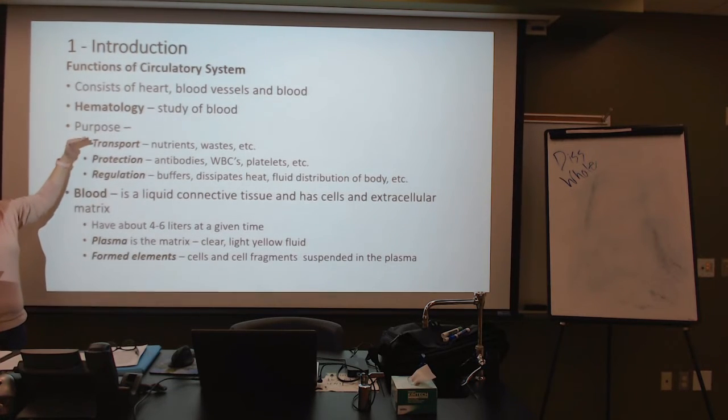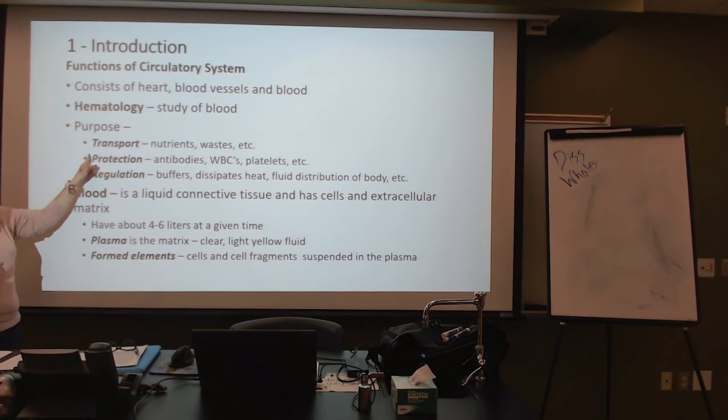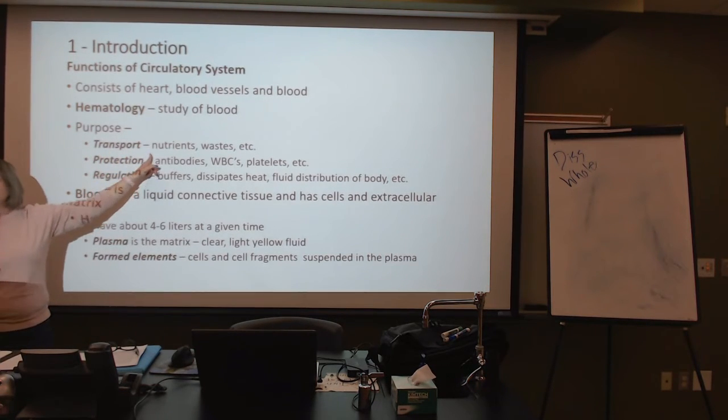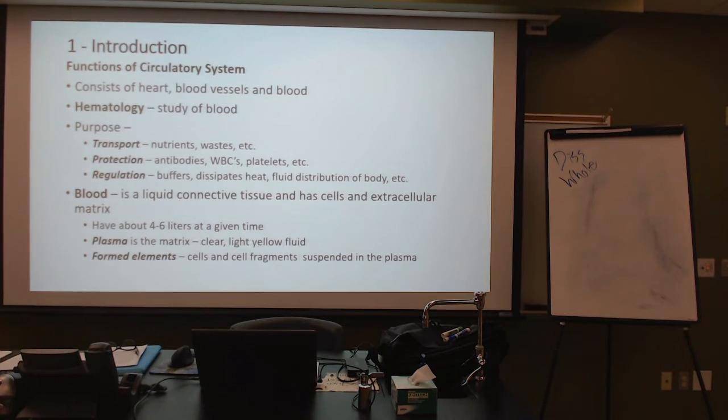What it needs to do: we need to transport materials. We need to transport nutrients, waste, salts, proteins. If you think about the chapter that we just finished, the endocrine chapter, we got to have a way to transport those hormones.